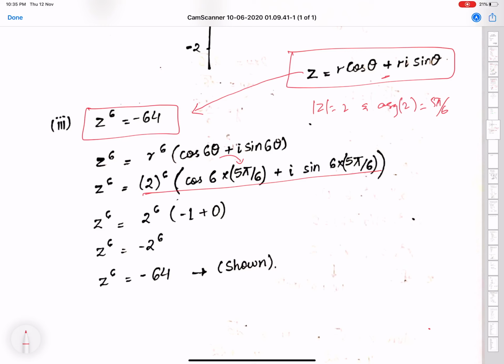And we are working for z power 6. You all know, if this is 6, then r has power 6 and this is 6 theta. I discussed these things in my lectures. So you should watch lecture number 1 to 6 if you want to be good at this chapter.